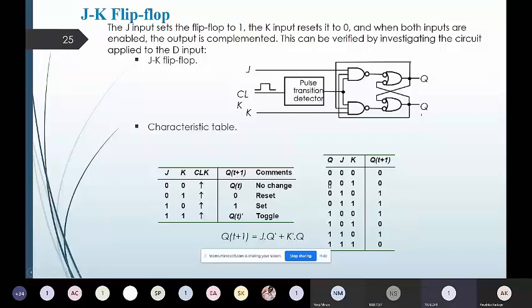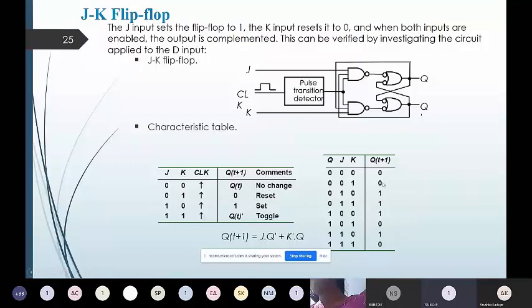Now, we will move towards the next condition in which the present output state is 0 and the input conditions are J as 0 and K as 1. So we know when J is 0 and K is 1, that time the flip-flop will be in reset condition. And for the flip-flop to be in reset condition, next state value should be 0. And that's why the Q of t plus 1 will be equal to 0.